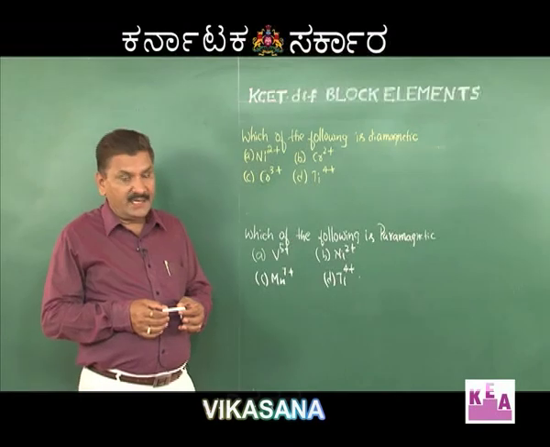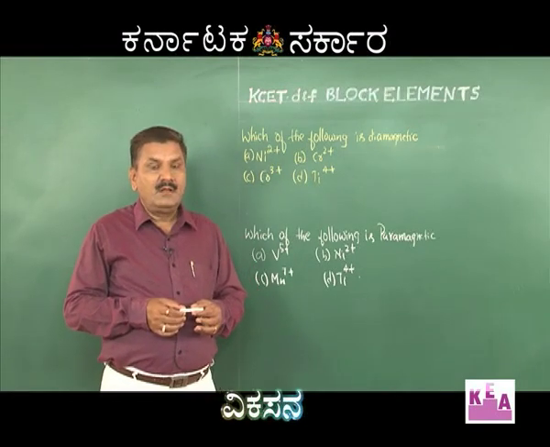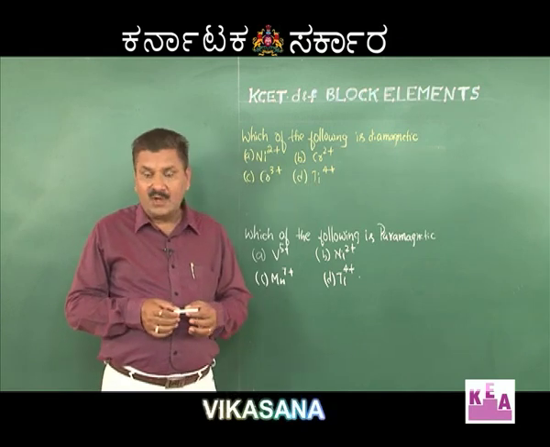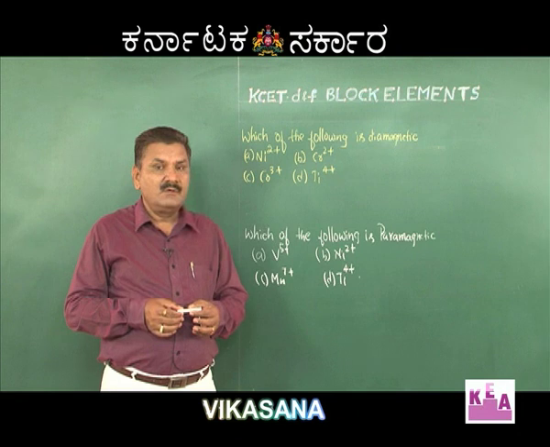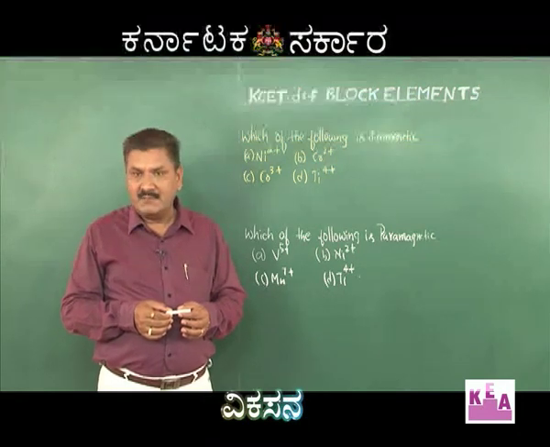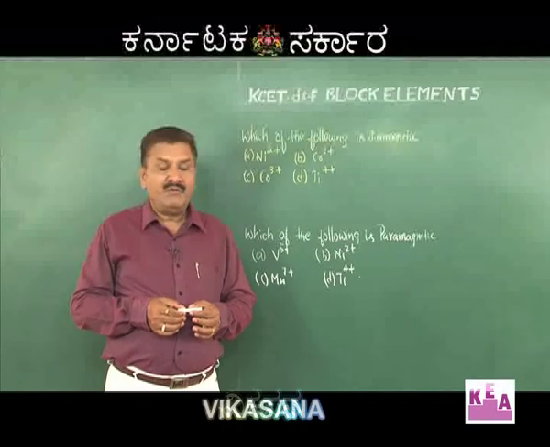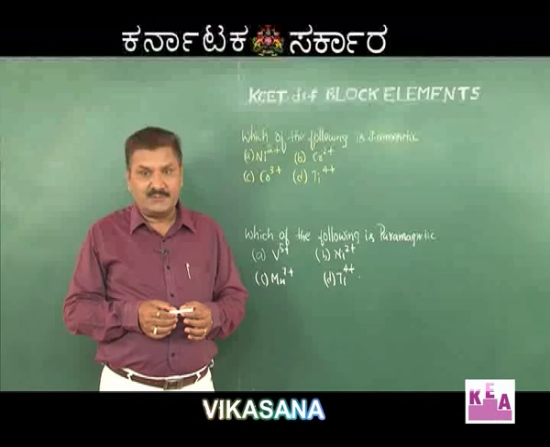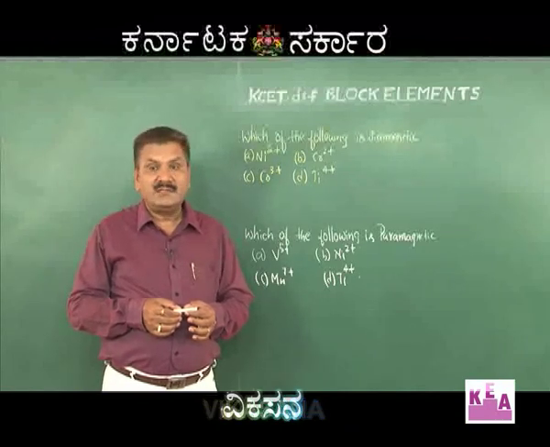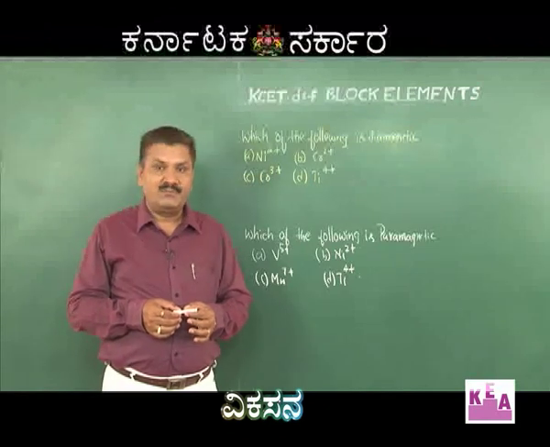We know the magnetic properties of transition metals or metal ions. In the introduction, I told you, if the transition metal or metal ion has 1 or more unpaired electrons, it is attracted by the magnet and it is paramagnetic in nature. If it doesn't have unpaired electrons, or if it has empty d orbital, it is repelled by the magnet and it is diamagnetic in nature.